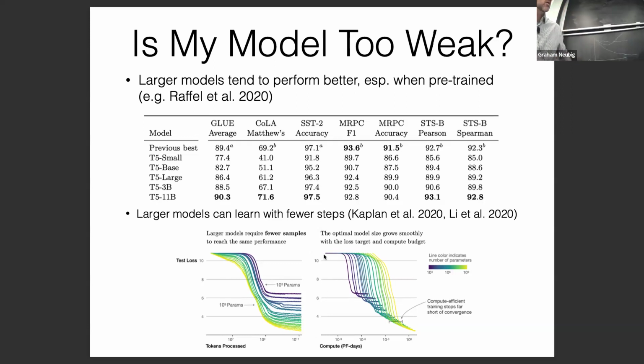On the left side, they have the number of tokens processed, and on the right side, the amount of compute. If you just look at the number of tokens processed, the larger the model, the faster it converges, which is maybe a little bit surprising, though some people have the intuition that this should be the case.